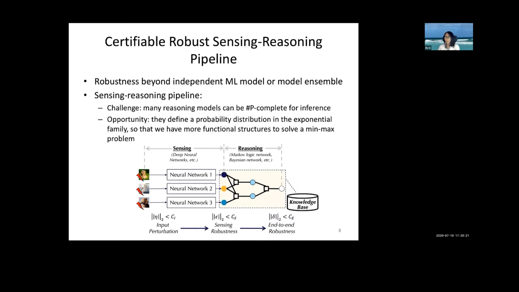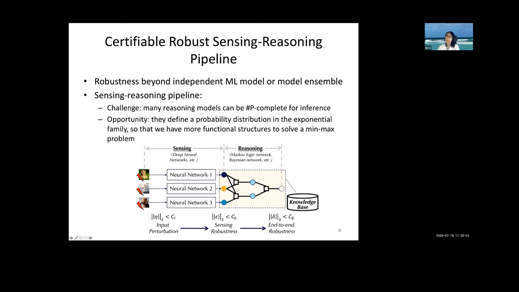Then we compose it with a reasoning component, which can be realized as Markov logic networks or Bayesian networks, which are graphical models that can incorporate domain knowledge. Then we can enrich the domain knowledge with these graphical models. The question we want to ask here is, can the domain knowledge help improve the learning robustness, and how much can we formally certify this end-to-end robustness for this sensor reasoning pipeline?